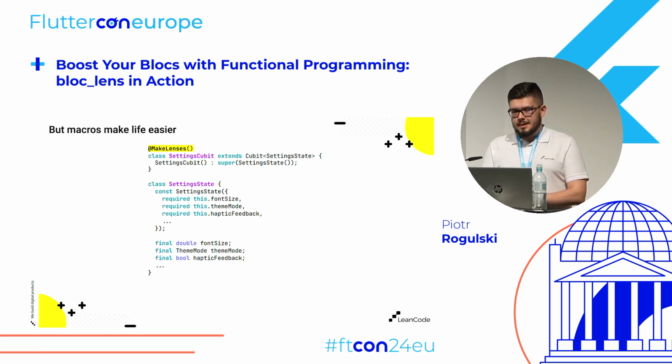Macros, which is an upcoming feature in Dart and Flutter, will make this much easier. You don't have to define anything yourself. You just have to add one line above the qubit called make lenses. And each time you add a property to the state, it will automatically generate an appropriate lens for your qubit. It takes into account if it's a Boolean, it will make it a Boolean lens, so you can use toggle.